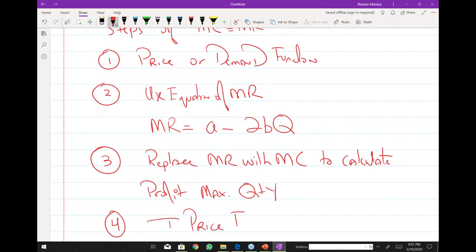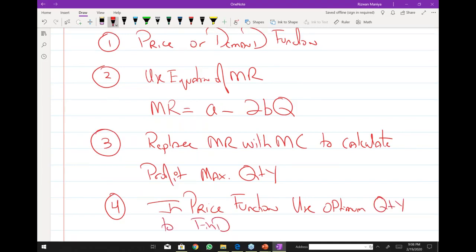In the price function, use the optimum quantity to find the optimum selling price. Okay, friends, so just copy the steps that are in front of you.